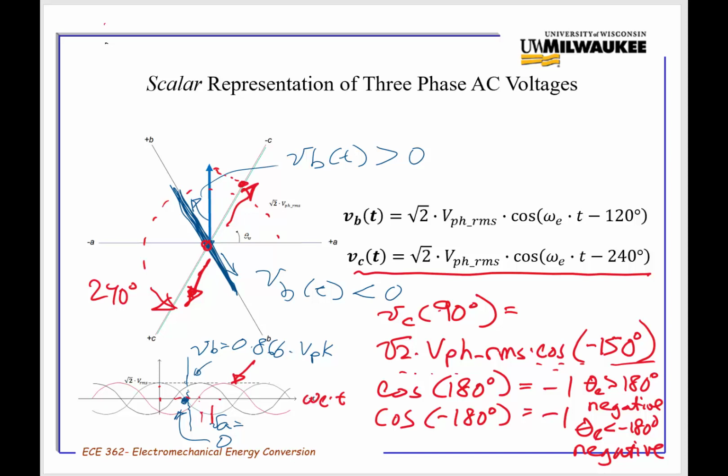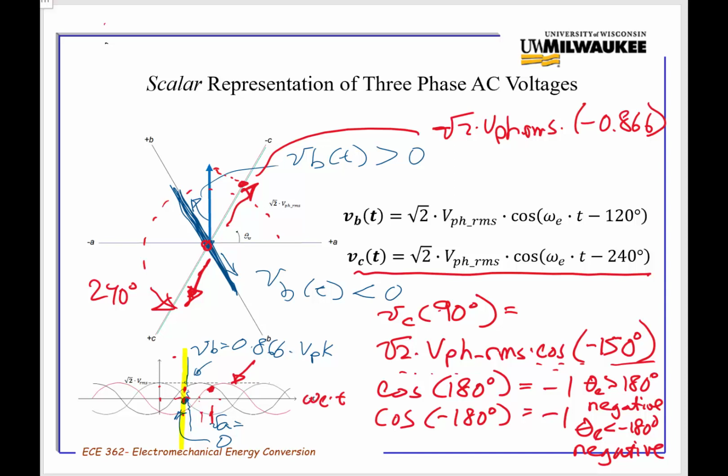So at that point we will be at square root of 2 V phase RMS times negative 0.866. So looking at this waveform down here, we're at the 90-degree point.